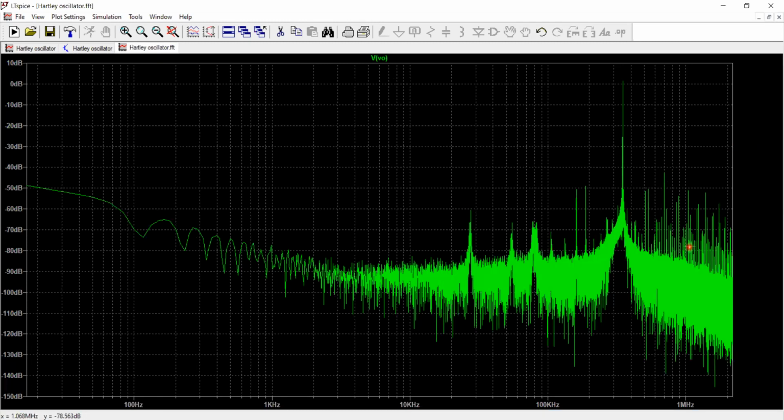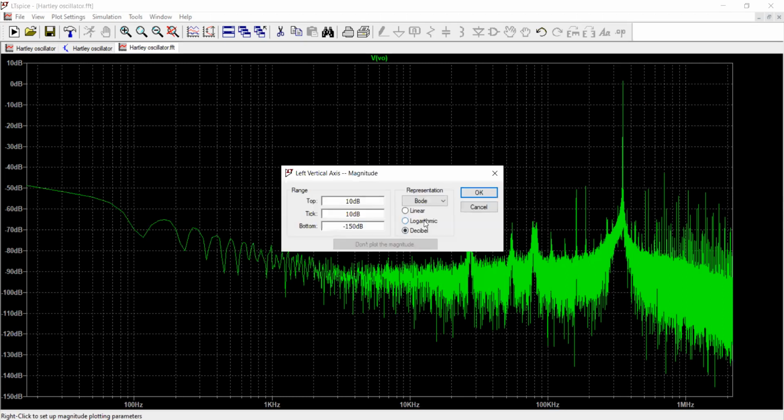You can see now, and look at this peak voltage, or peak power actually. The peak power is about 0 dB. If I right click here, I can choose the logarithmic scale or linear scale.